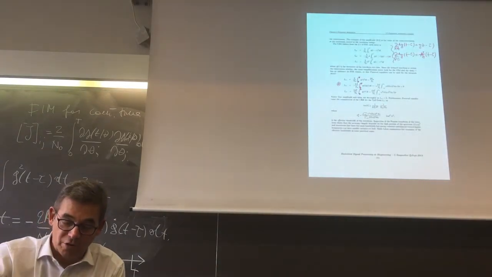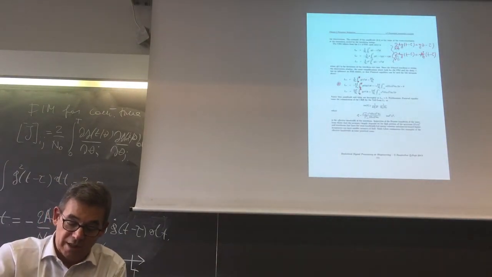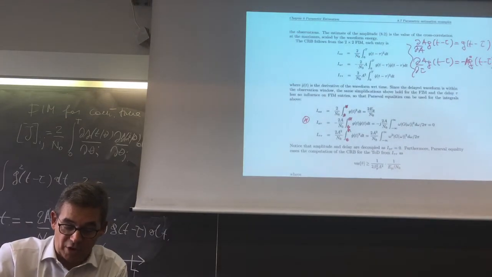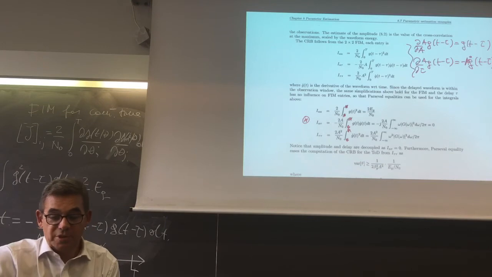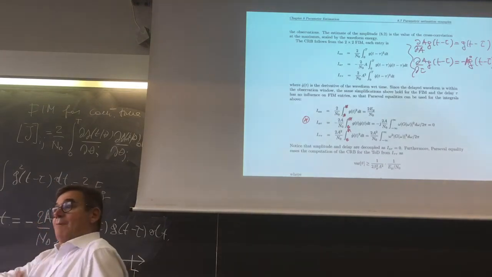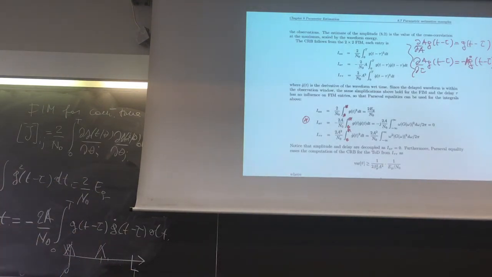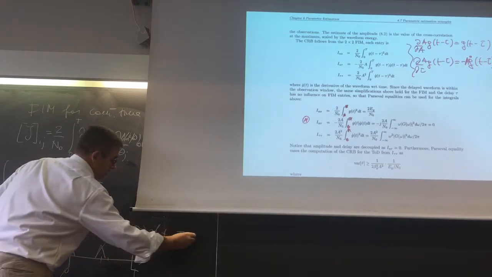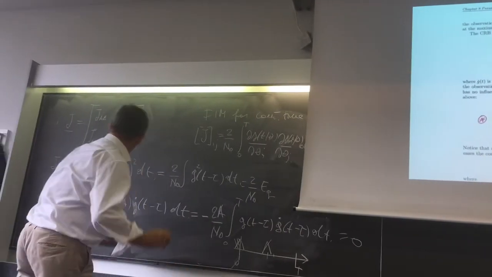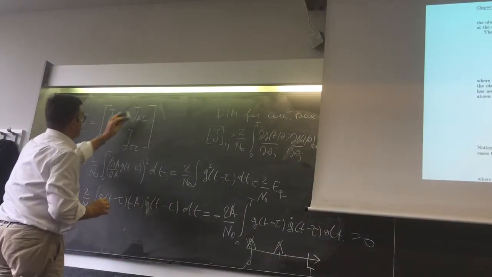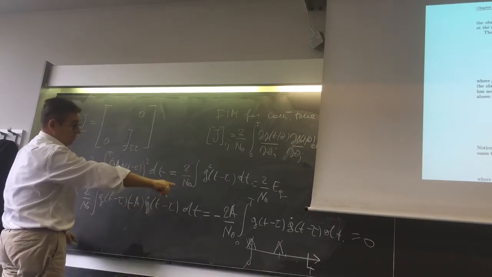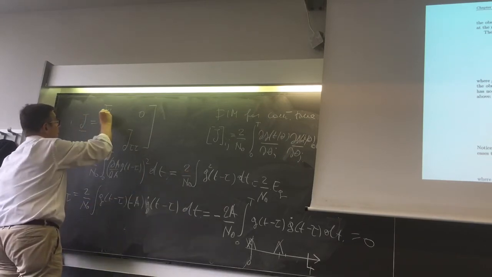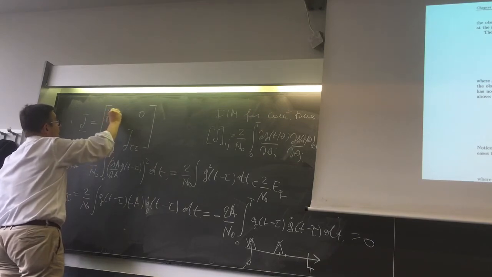Anyway, out of any question, whether J or I, here I use I, the cross terms are 0. That means that amplitude and delay are decoupled. So when I plug in the pieces, this is equal to 0, this is equal to 0, and this is equal to 2 times n0 divided by EG.